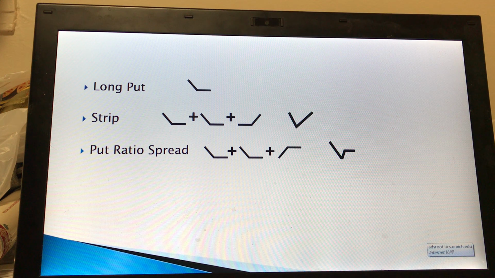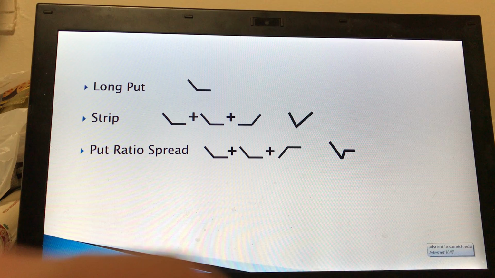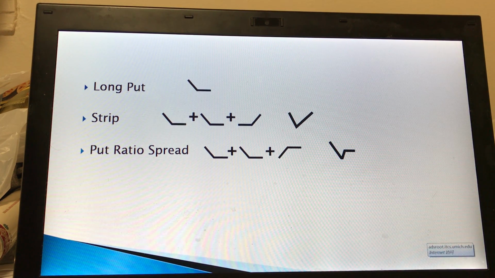You will not want to have your stock expire at your lower strike price. This is similar logic to our call ratio spread. I will not mention too much about this.